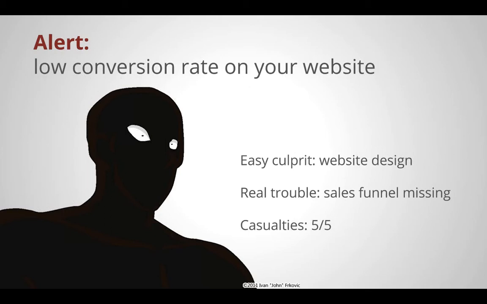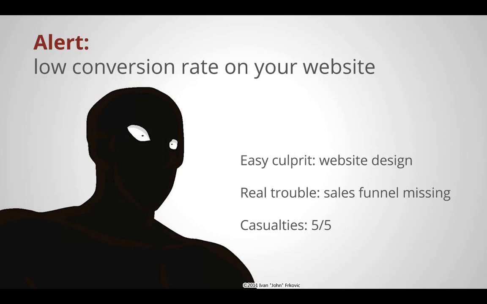They have a conversion that doesn't meet their own expectations or the objective established by business owners. And most marketers that I know, and myself even, have the tendency of blaming the easy culprit, which is the website design. We tend to say, oh my God, I have a deprecated design, my buttons don't look so well, so therefore this is the reason people are not converting on my website.